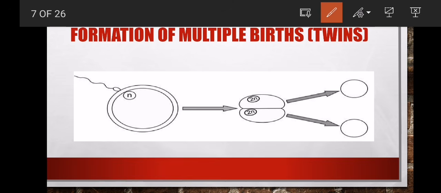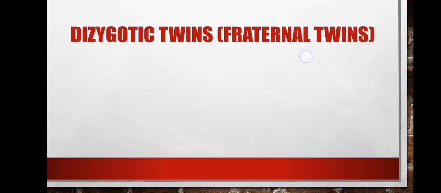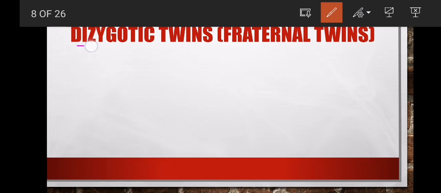Allow me to talk about the dizygotic. When we talk about the dizygotic, good people, I want you to understand that di means two. Take note of the other name: we can call it fraternal twins. If we say di means two, what does this mean?